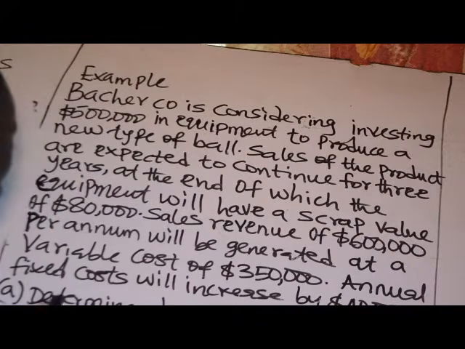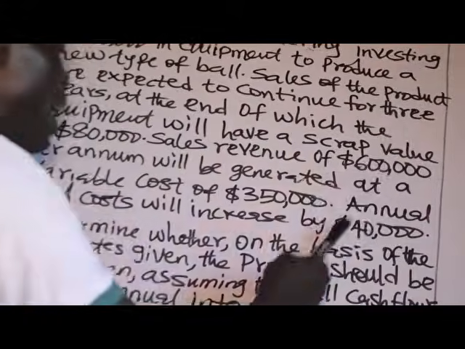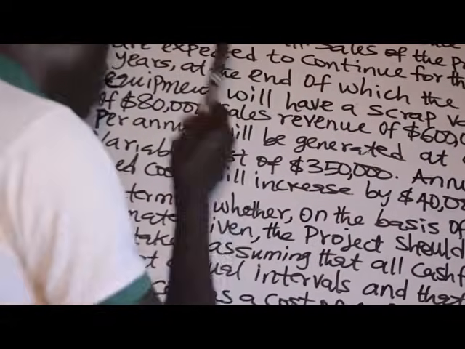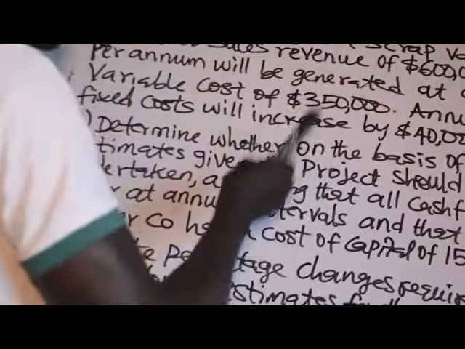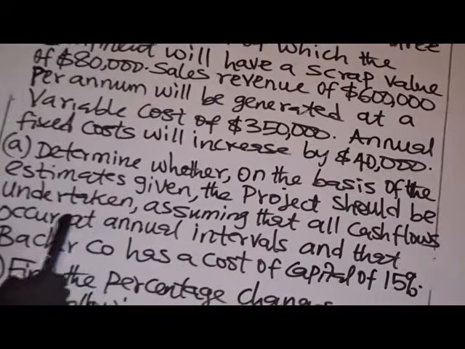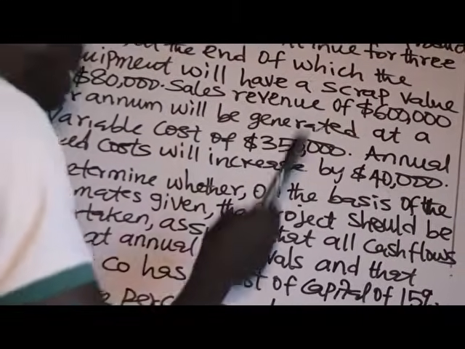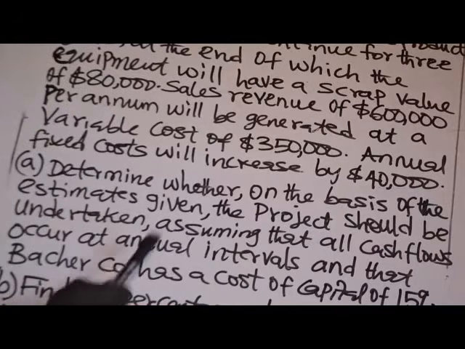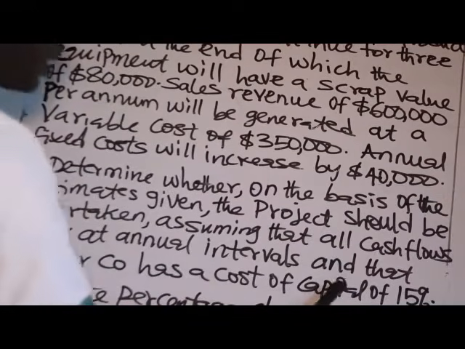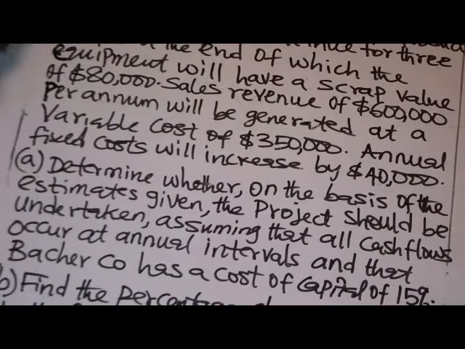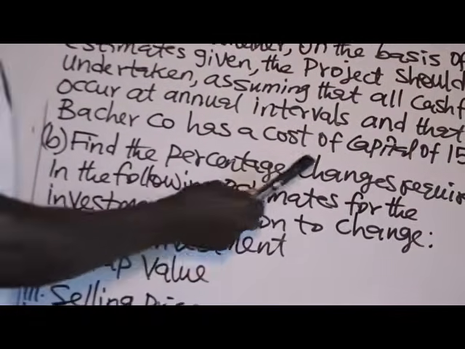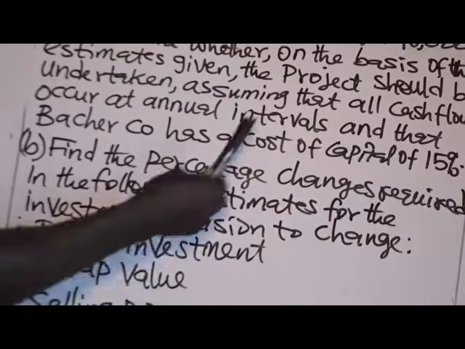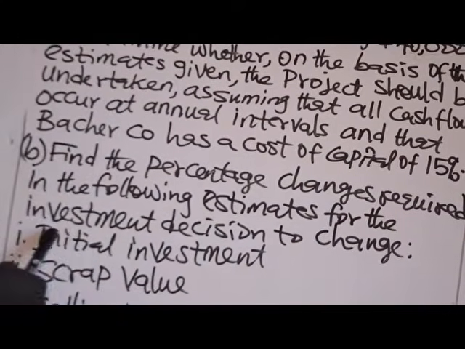A. Determine whether, on the basis of the estimates given, the project should be undertaken, assuming that all cash flows occur at annual intervals and that Basia Co. has a cost of capital of 15%. B. Find the percentage changes required in the following estimates for the investment decision to change. 1.